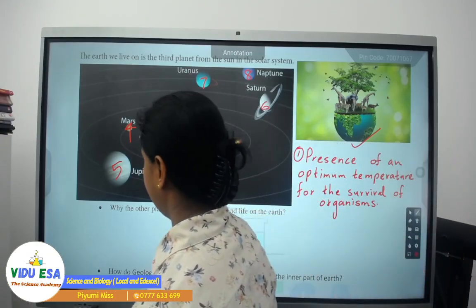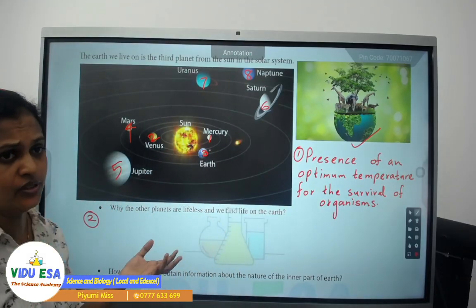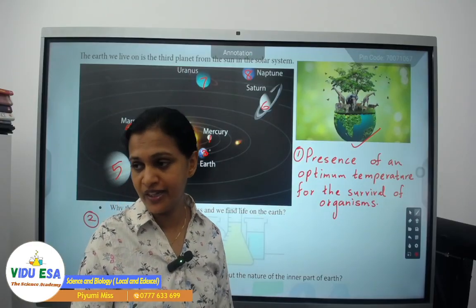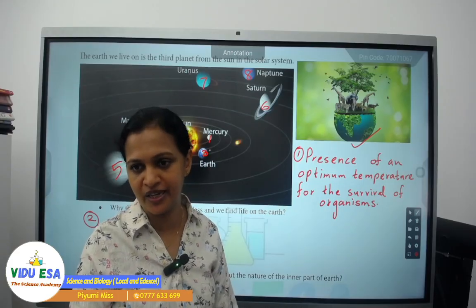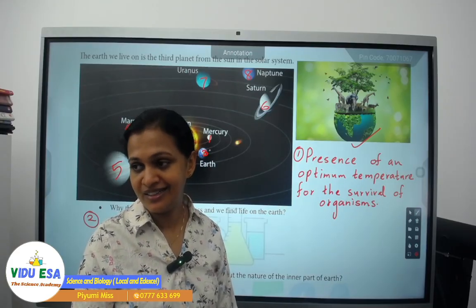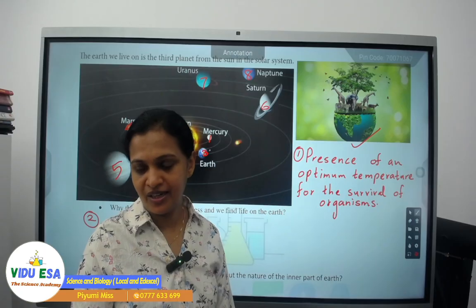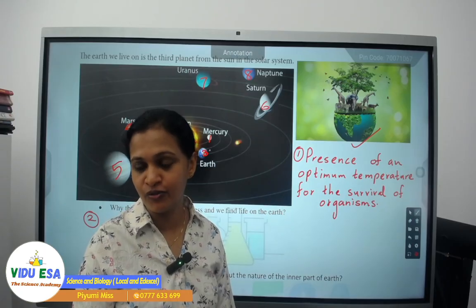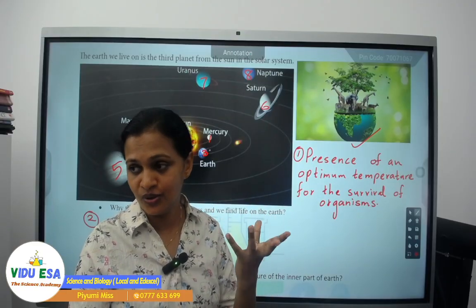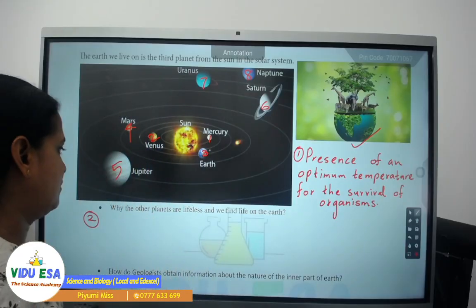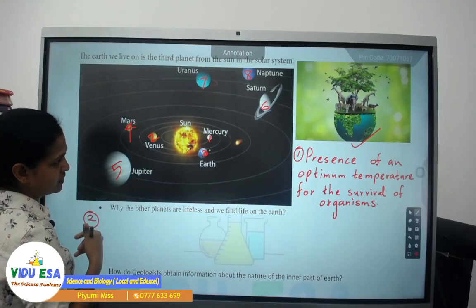Then as the second one we can say, there is an atmosphere with oxygen and carbon dioxide. Oxygen is essential for respiration of organisms, aerobic respiration. Carbon dioxide is essential for photosynthesis, which is the process by which the whole living world gets food. Majority of the living organisms get food by means of photosynthesis.